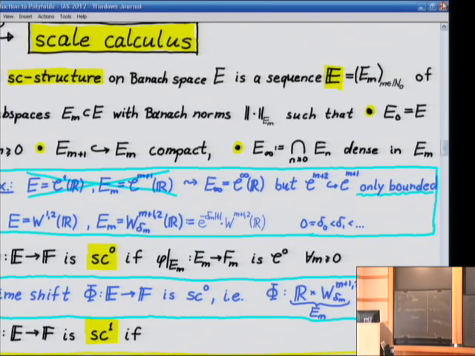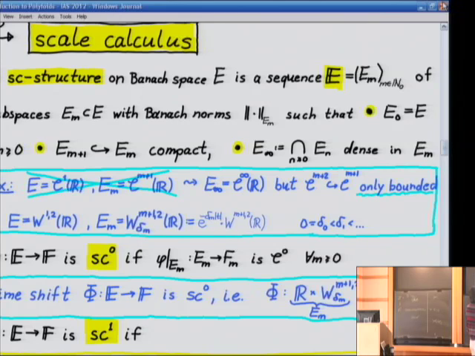Of course, scales were known in interpolation theory, but they never interpreted it this way. Right, so a scale structure is a sequence of subspaces, but not with the subspace topology. You give them their own Banach norm, so that E0 takes the norm of E and is exactly the whole space.